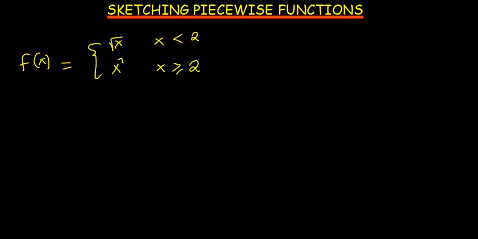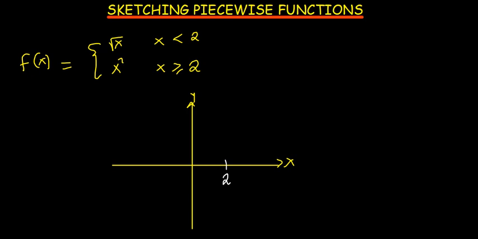So how do you sketch this function? First thing first, also write your x-y plane. Now for this one, the reference point is actually going to be 2 because we're talking about values of x greater than and less than 2.